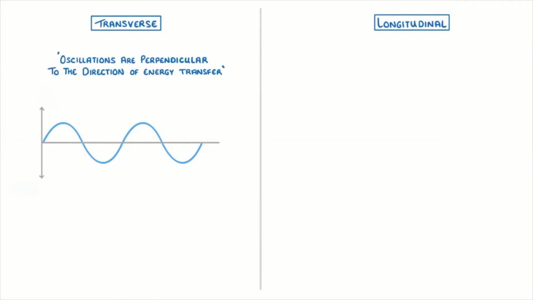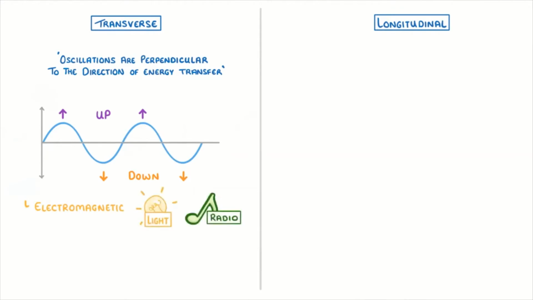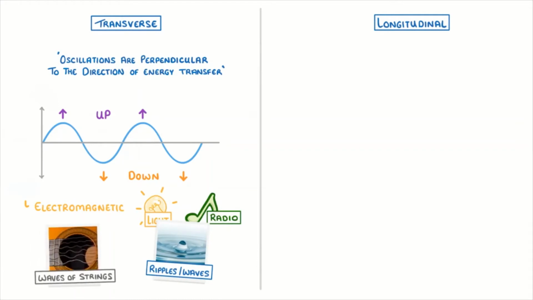Which is why on our drawing, the vibrations are going up and down, whilst the overall wave is travelling from left to right. Most waves we can think of are transverse, including all electromagnetic waves, like light and radio waves, ripples and waves in water, and the waves of strings like on a guitar.